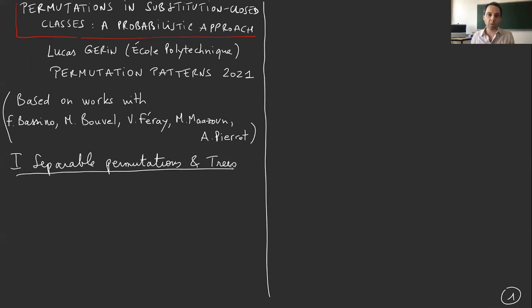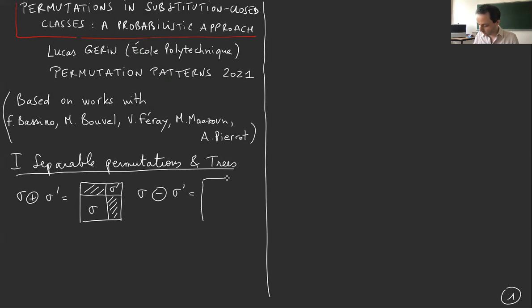Most of the time I will present permutations with their diagrams, and maybe you're familiar with direct sums and skew sums of permutations. The diagram of sigma plus sigma prime is the diagram of sigma and sigma prime in the increasing order, while the diagram of sigma minus sigma prime is the diagram of sigma and sigma prime in the decreasing order.